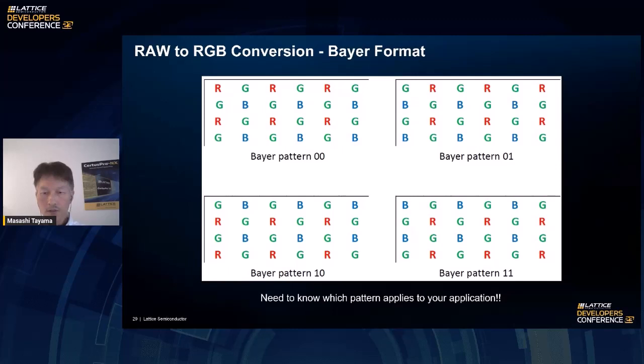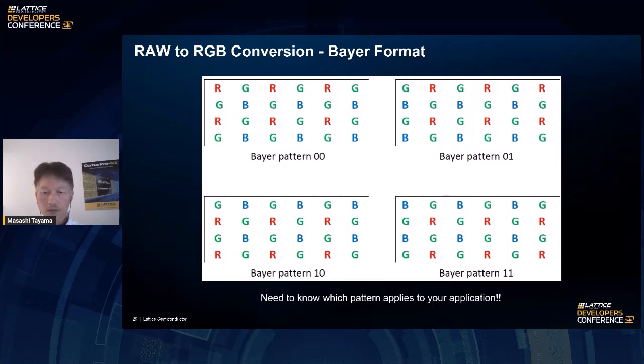As you can see, one line contains R and green alternately, and the next line contains green and blue alternately. Human eyes are more sensitive to green compared to red and blue. That is the reason green data appear on every line.